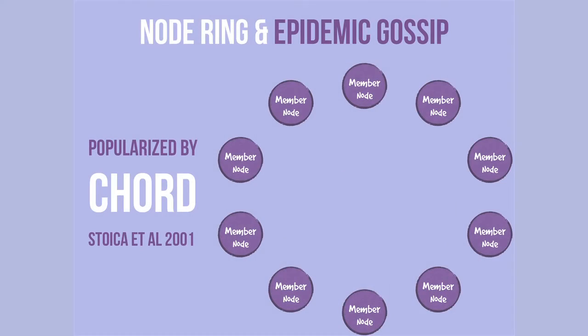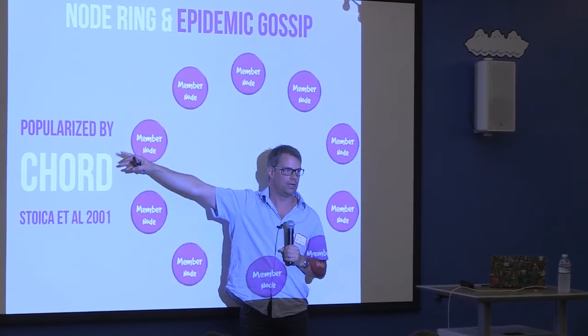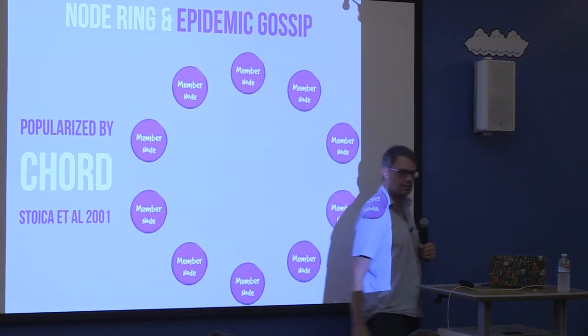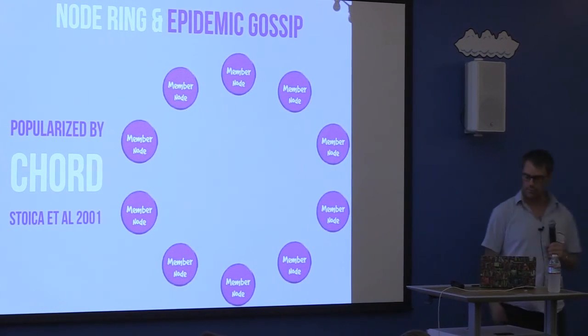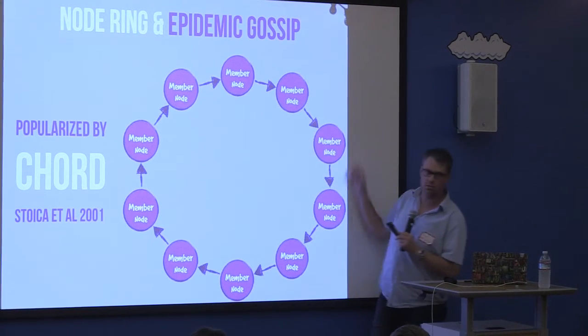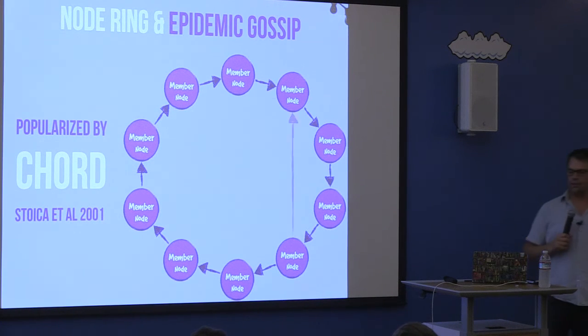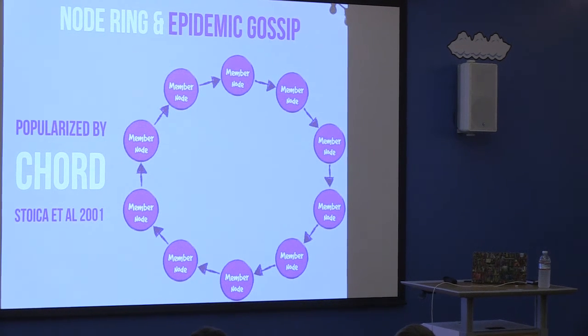Epidemic gossip, as I said, was really popularized by Dynamo. Well, it was sort of initiated by Chord, so Chord made it popular in the research community, I'd say. Dynamo brought it to the masses. It gives you a way, when you lay out all nodes in a node ring, to do epidemic gossiping in the same sense that diseases spread, like biological ones.